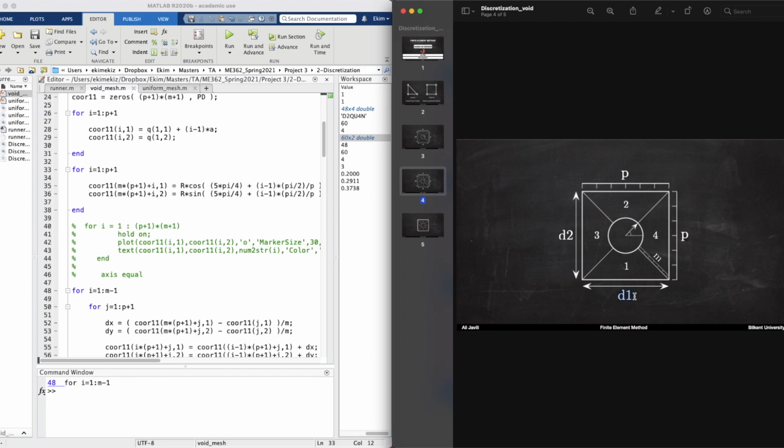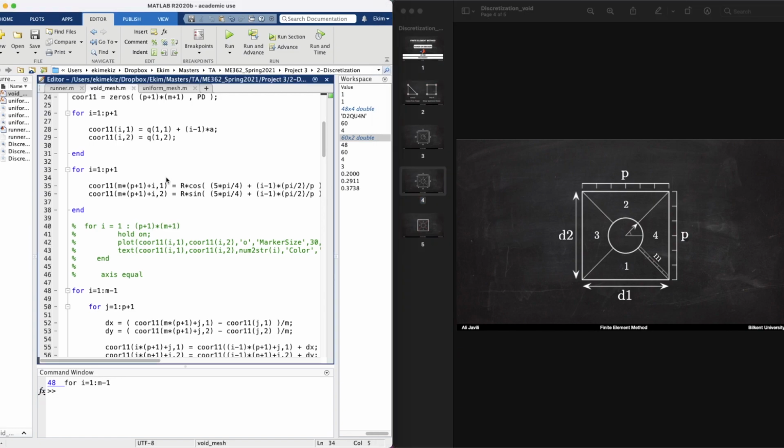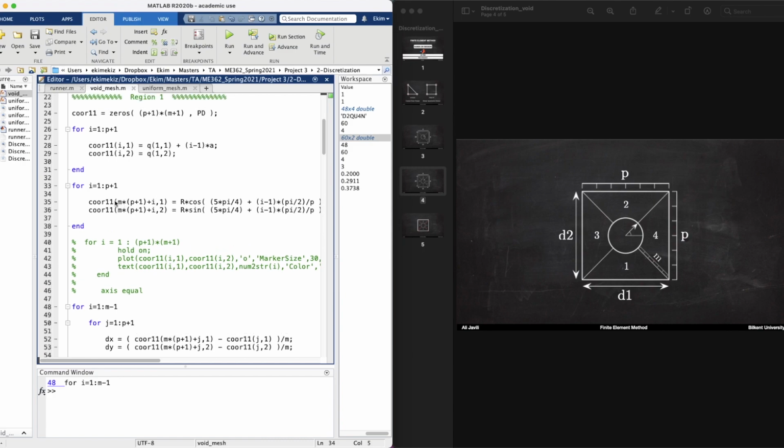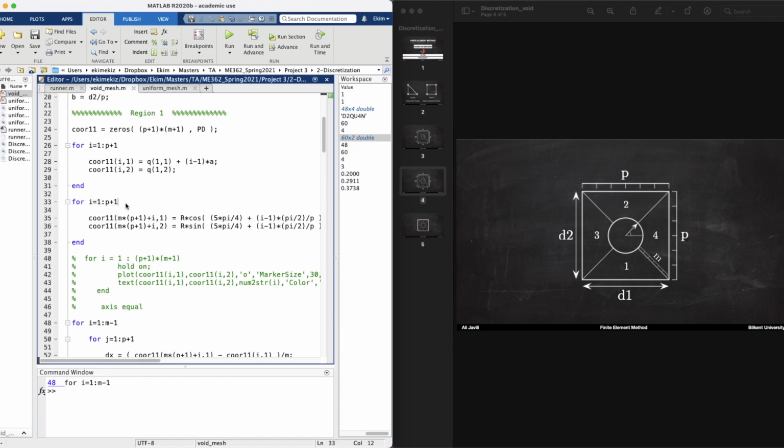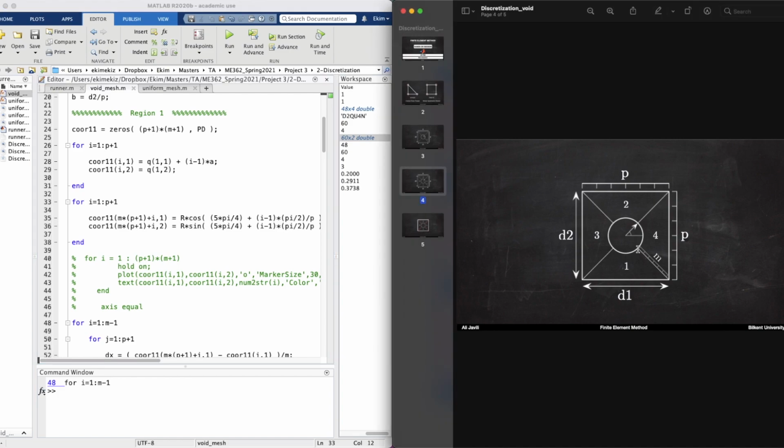Just like we divided d1 into p, our increments will be pi over 2 over p now. So we will go over the angles. Okay, and this loop does that. It starts from 1 and goes to p plus 1. Why? Because we have p plus 1 nodes here, right?